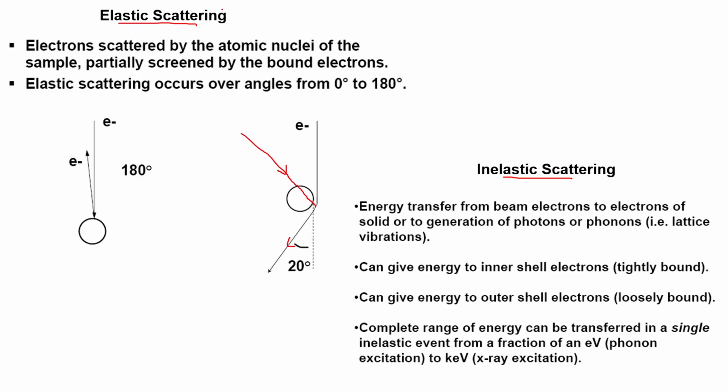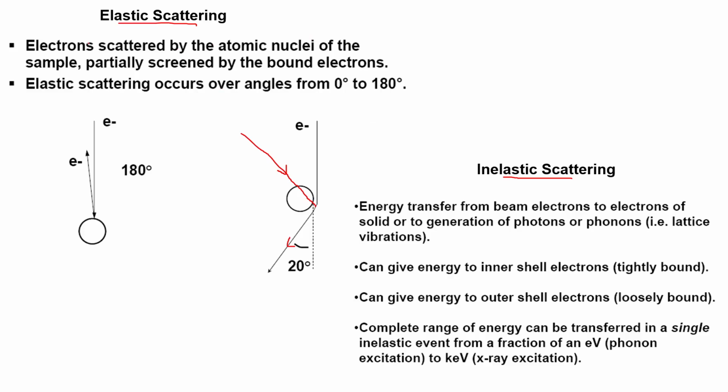I'll just repeat it. In elastic scattering, the energy remains the same but the angle changes. The direction of the motion changes. In inelastic scattering, the direction of the motion remains the same while the energy of the system decreases. So, I'll discuss the elastic scattering first.